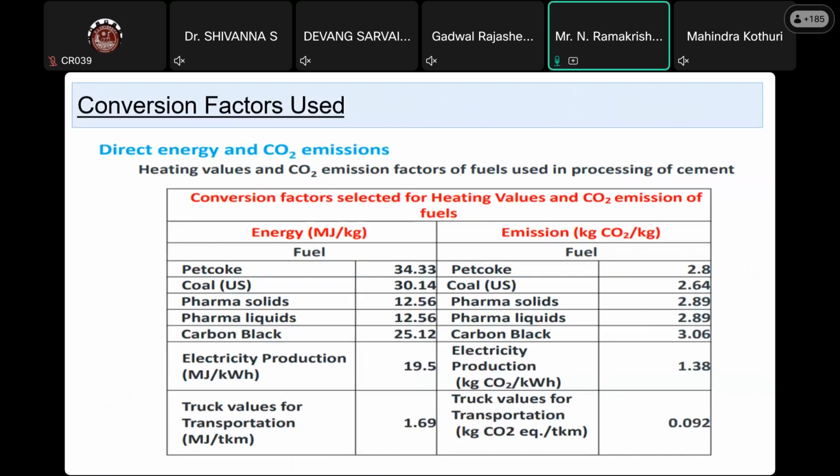So different heads, different fuels, how much is being taken. Truck values for the transportation, this location also is important. So ton per kilometer, all this is being calculated using the data.